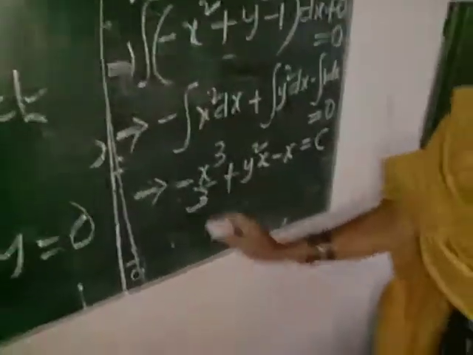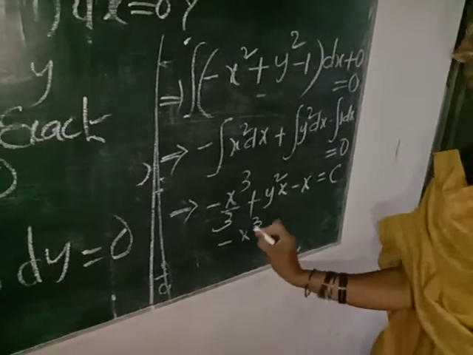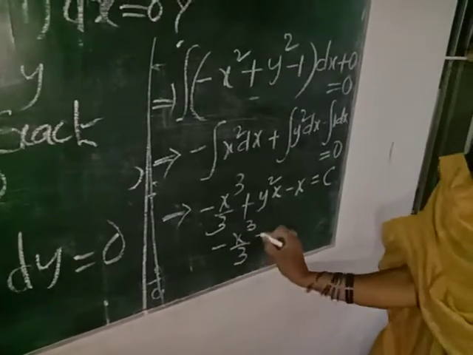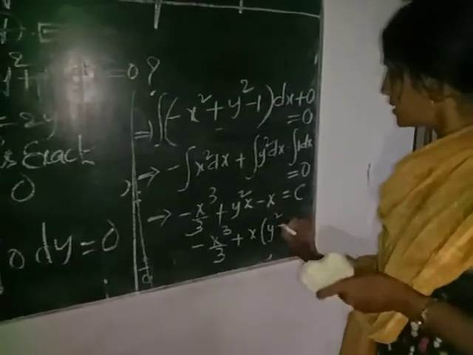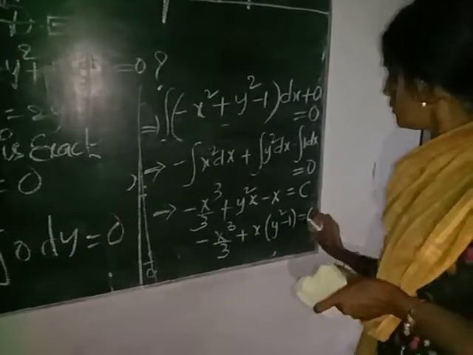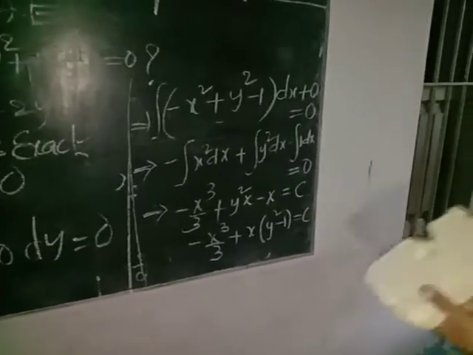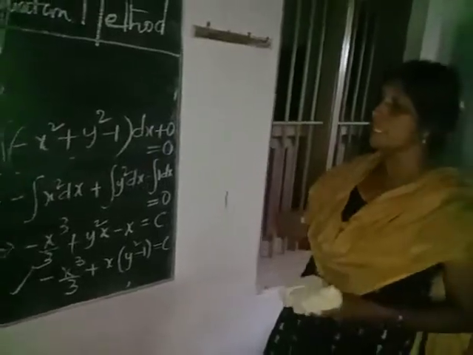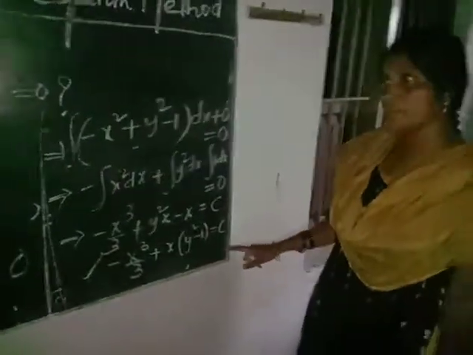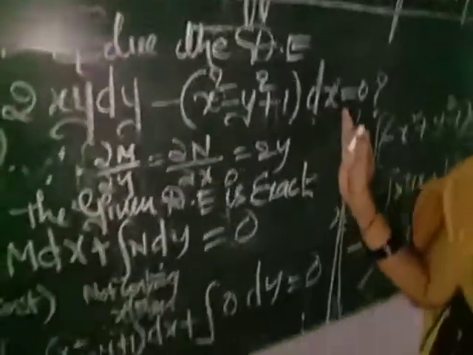This can be written as x cube by 3 plus x, y square minus 1, equals c. This is the solution of the given first order and first degree differential equation by the exact differential equation method.